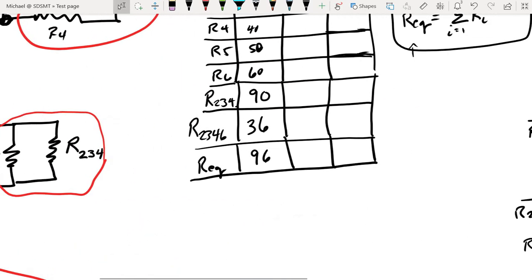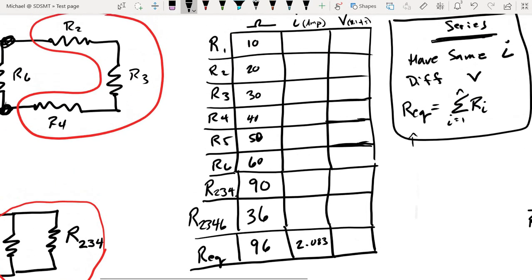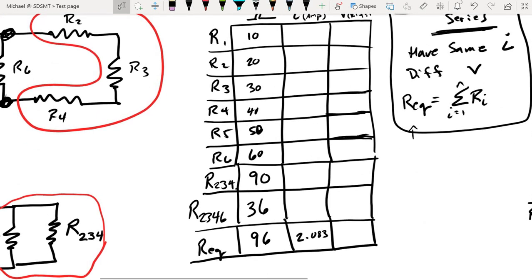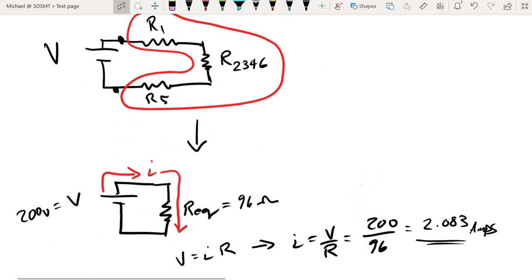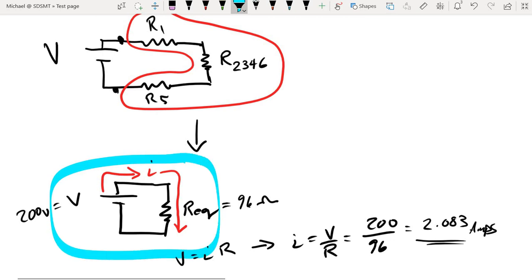So my equivalent resistor has to have a current of 2.083 amps. We also know that the equivalent resistor is connected directly to the battery, and so it has a voltage value of 200. With that, I now know everything that there is to know about this circuit diagram.